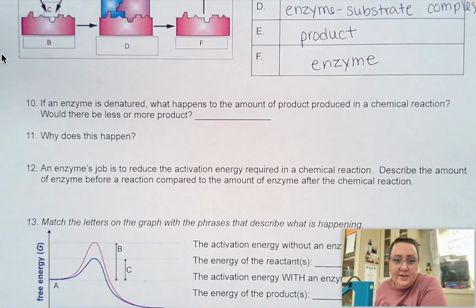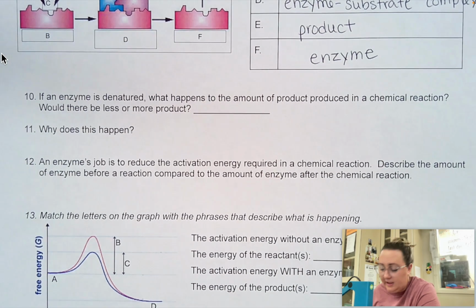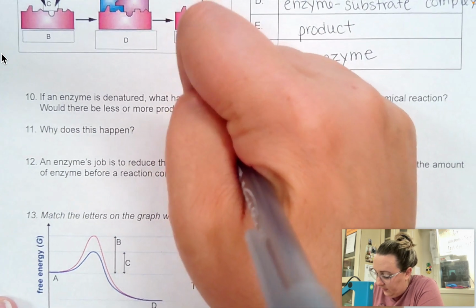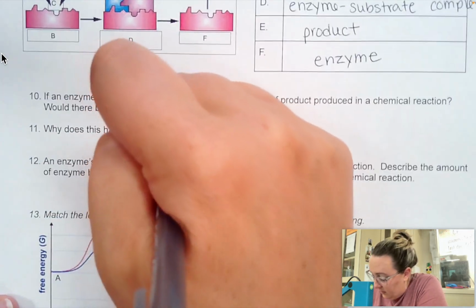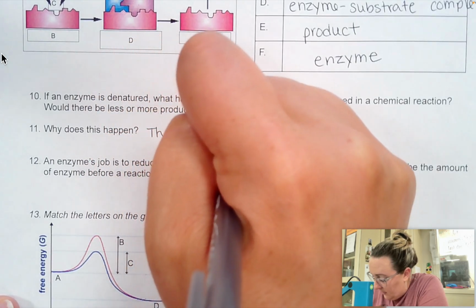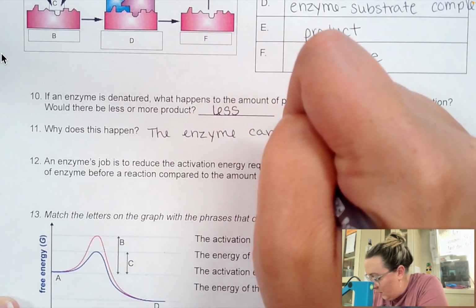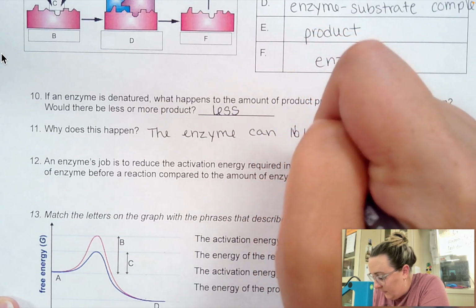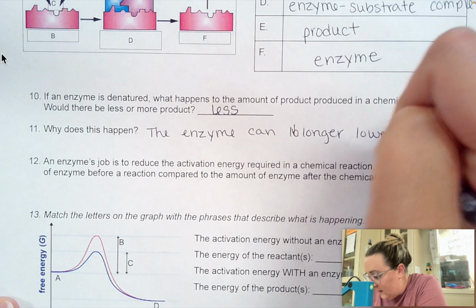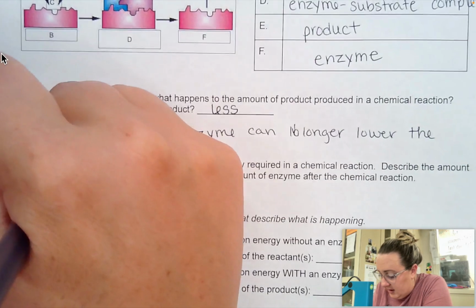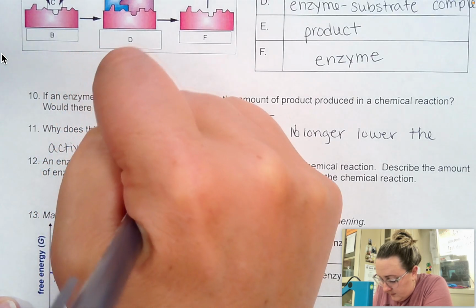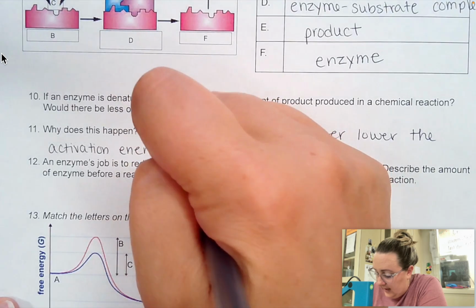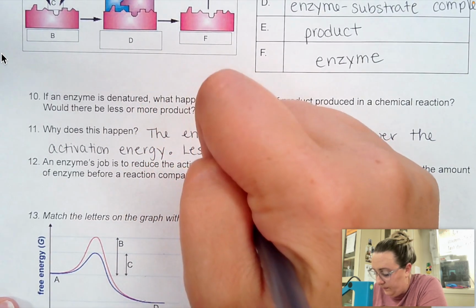If an enzyme is denatured, what happens to the amount of product formed in a chemical reaction? Would there be less or more? There would be less. Why? The enzyme can no longer lower the activation energy, so less product will form.